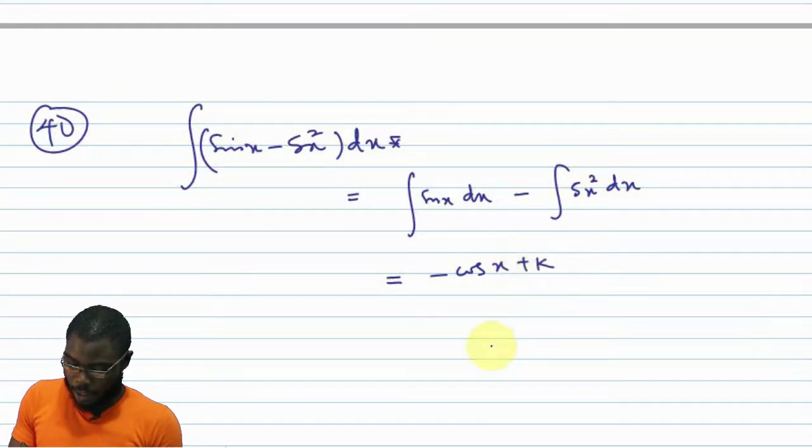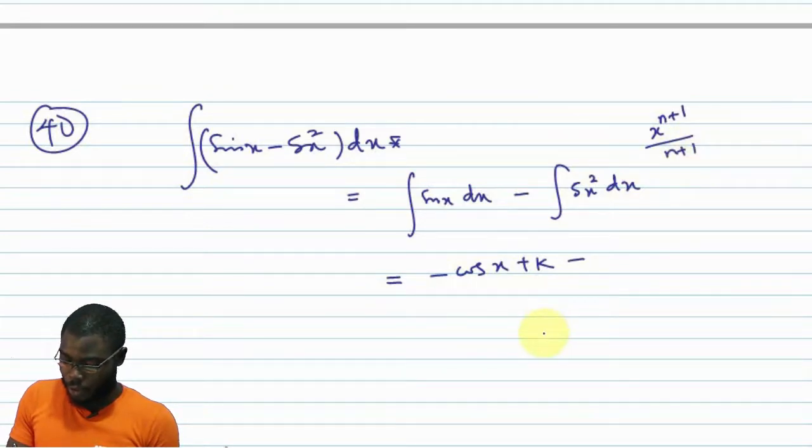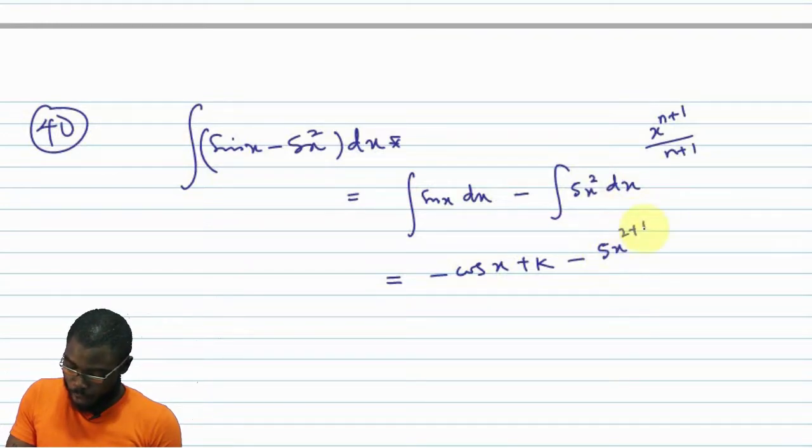Let's add a constant k to it. Minus, when you integrate this, remember that when you have x raised to the power n, you add 1 to the n and then you divide by the result. So what we are going to have here is 5x raised to 2 plus 1, all over 2 plus 1, plus a constant k.